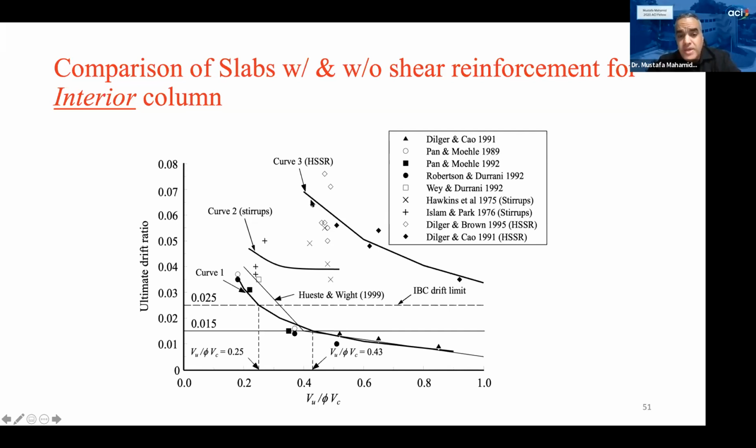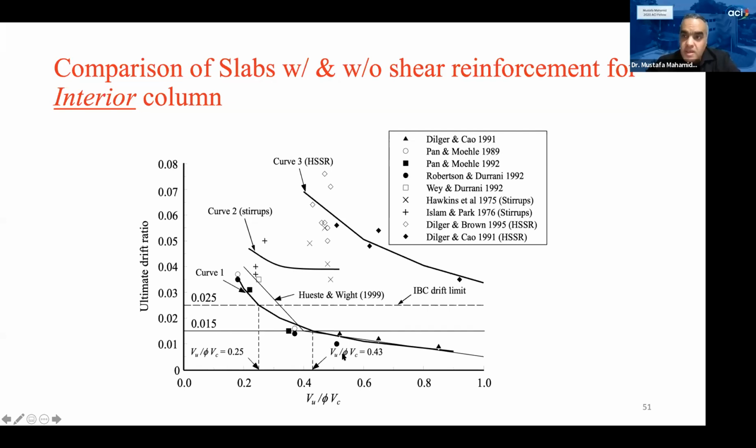The slabs that were tested with shear reinforcement showed much better behavior above. And the ones without shear reinforcement showed much lower capacity. So this was the basis of the proposals that we have.